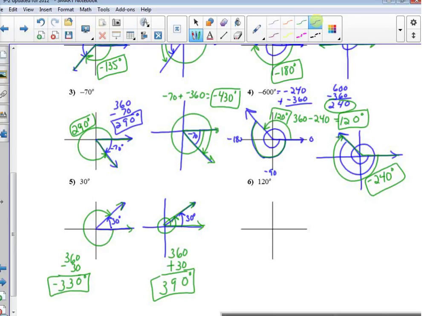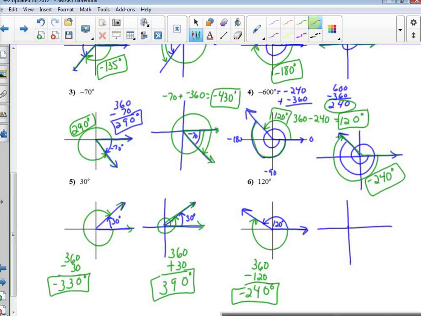And then for 120, initial, terminal, there's 120. To find the coterminal, meet it the other direction. I'm going to do 360 minus 120. But I have to do negative because it's going in a clockwise direction. So the answer is negative 240.